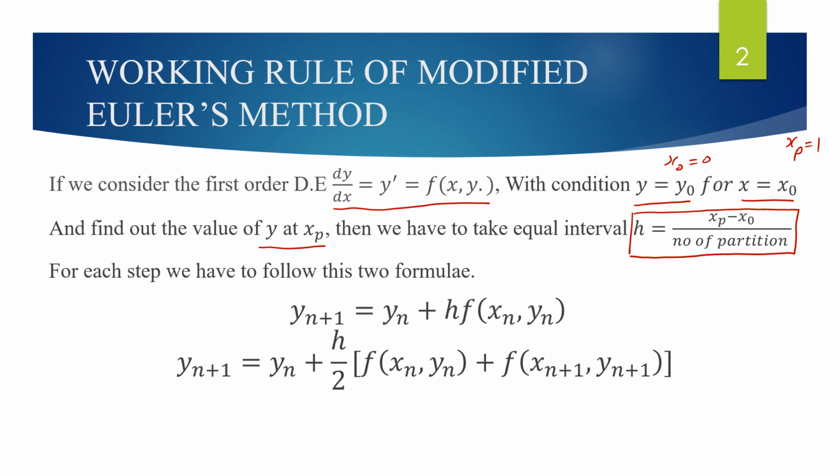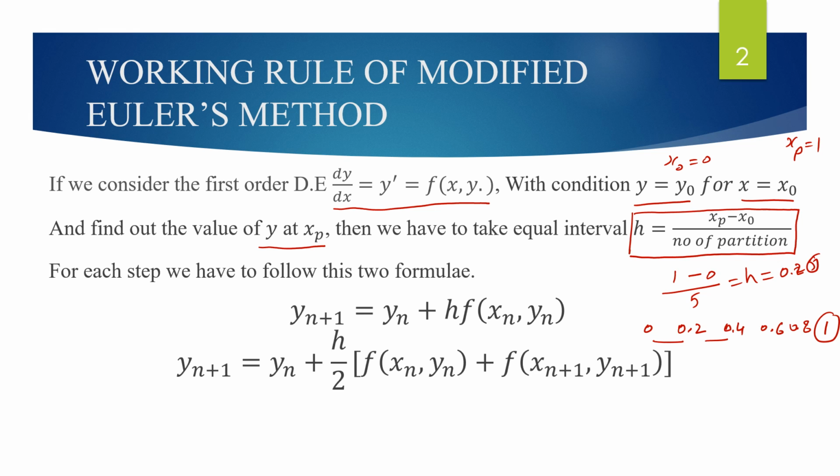So the partition is (1 - 0) divided by, suppose we have 5 partitions, then the value of h is 0.20. That means we will find the solution: first 0 is given, then we go for 0.2, then 0.4, then 0.6, then 0.8, and finally we will get the solution at 1.